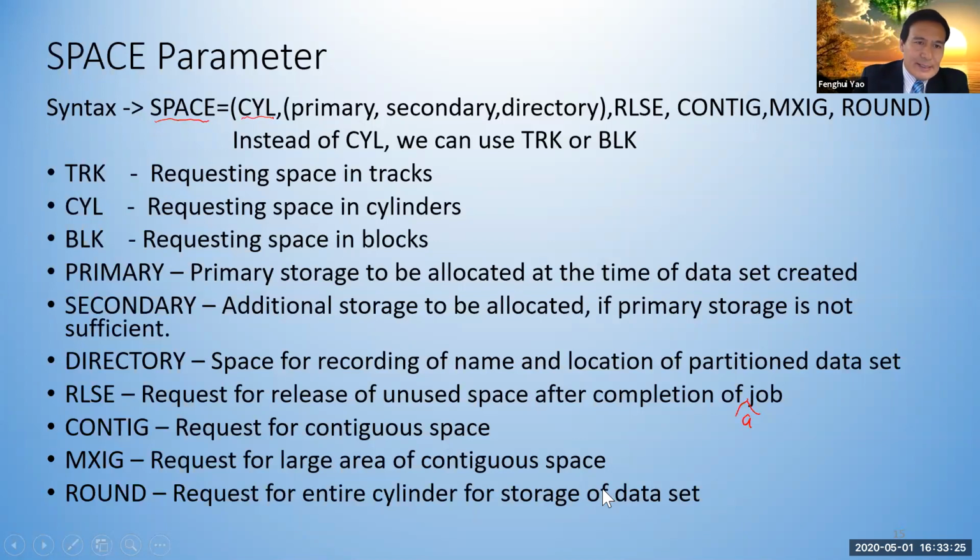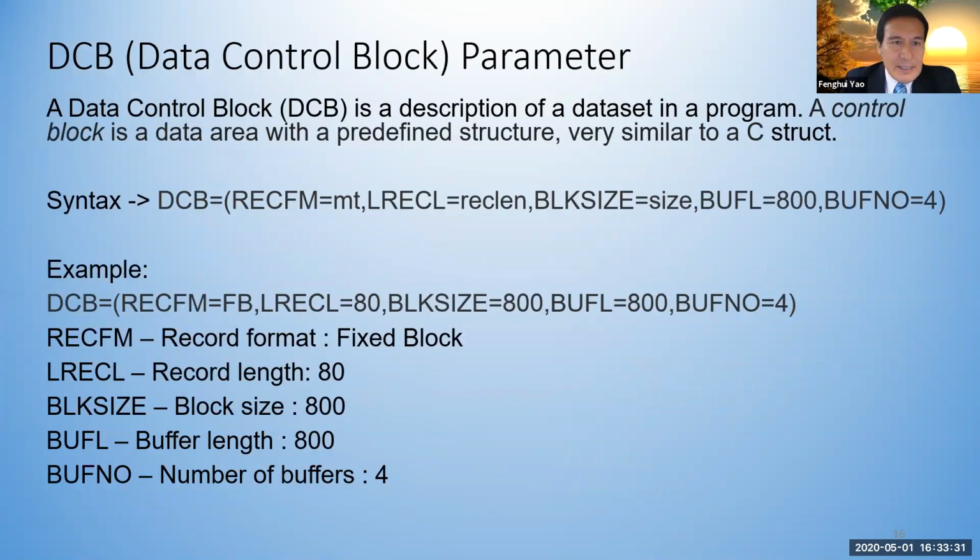All right, that is the space parameter. Next, the DCB parameter. DCB stands for data control block. A data control block is a description of a dataset in a program.